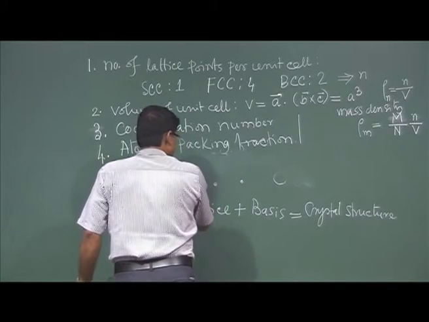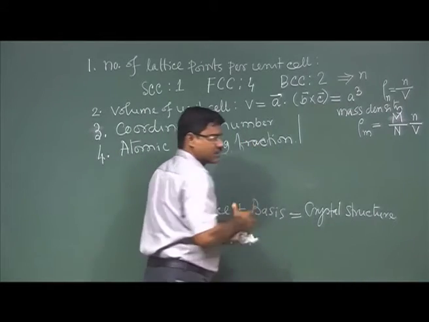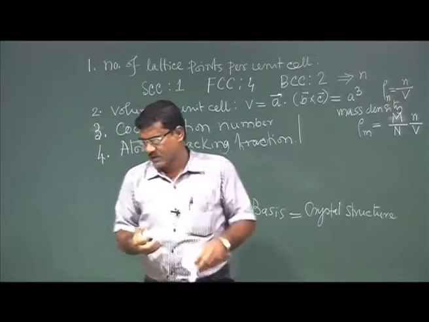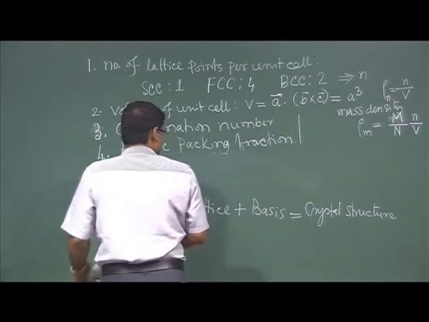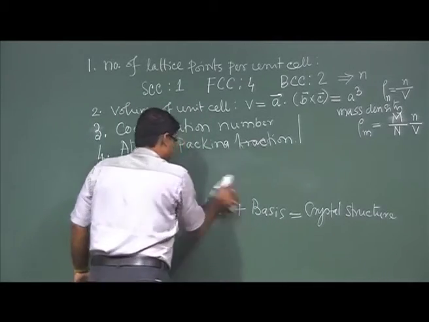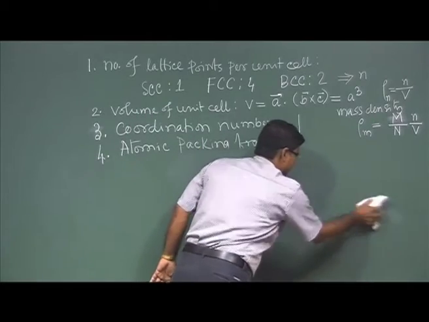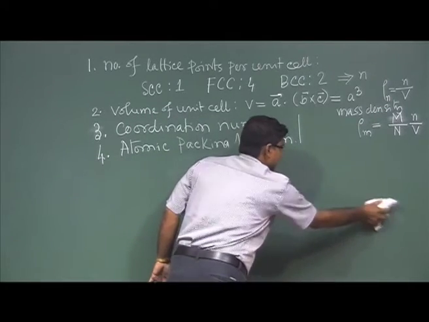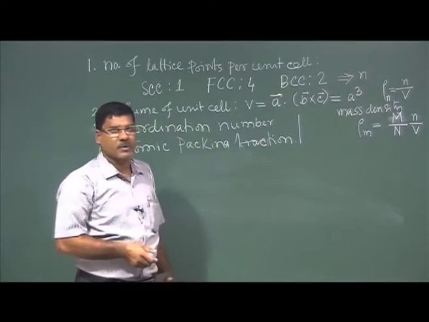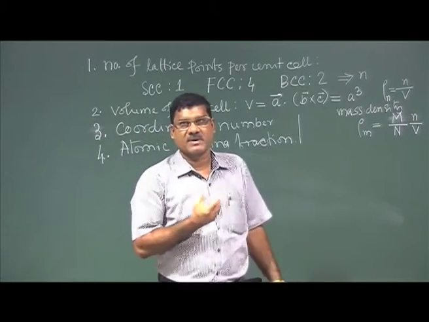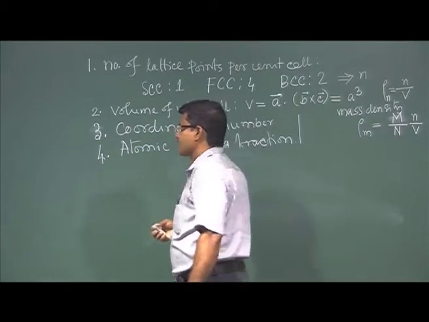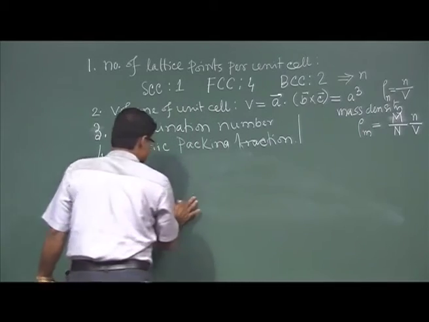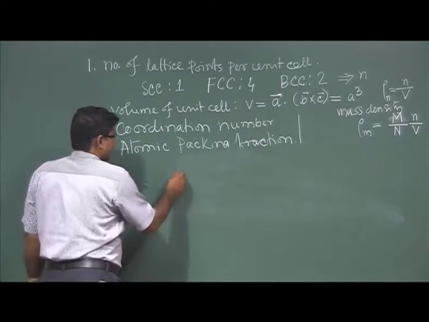So an atom, or a group of atoms, is considered as a spherical shape. We express the size of the basis in terms of a radius, say radius r.